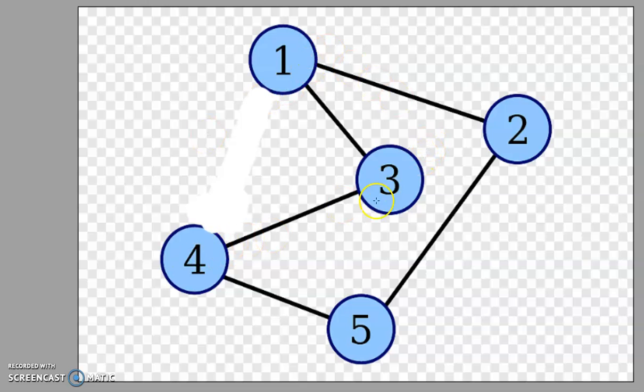Well, the graph is still connected, but this is also still not a tree. So let's say I delete a second edge. Let's say I do this. Okay, so now this is a tree. Because if I start at 2, I can't get back to 2 without retracing my steps. So there's no more circuits in this graph.